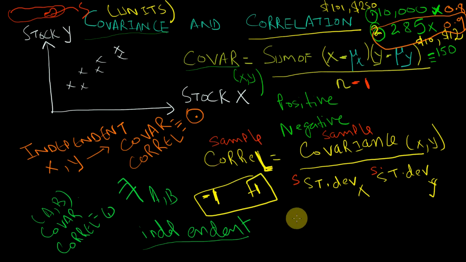So for example, if your population correlation is 0.8, your sample correlation also will be 0.8. But of course your covariance will change. Your sample covariance will slightly increase because you're dividing by a slightly smaller number. So remember that there's a slight difference between population covariance and sample covariance.